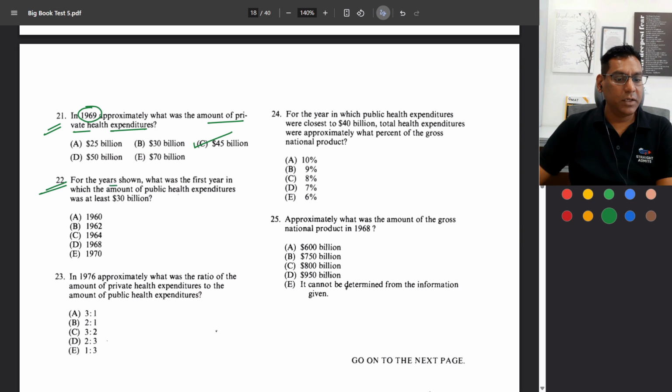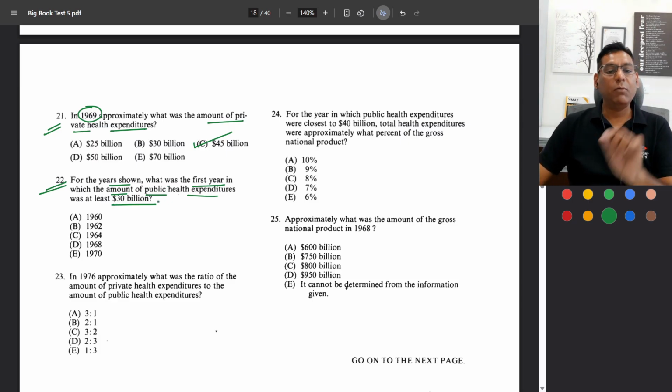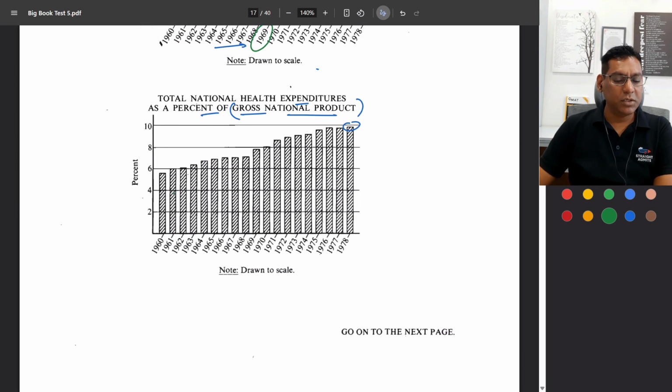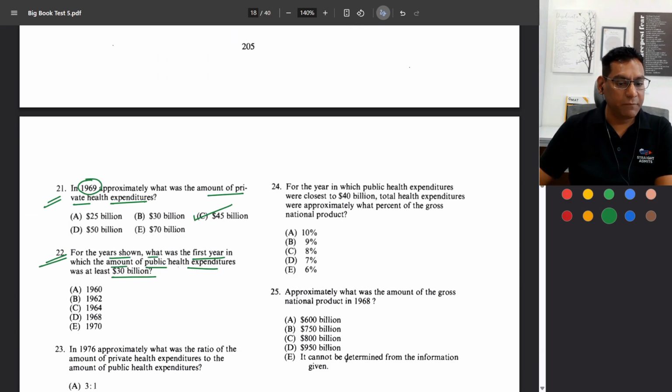Question 22, for the years shown, what was the first year in which the amount of public health expenditure was at least $30 billion? So I want public health to be at least 30. But what is that, public or private? Be careful, public.